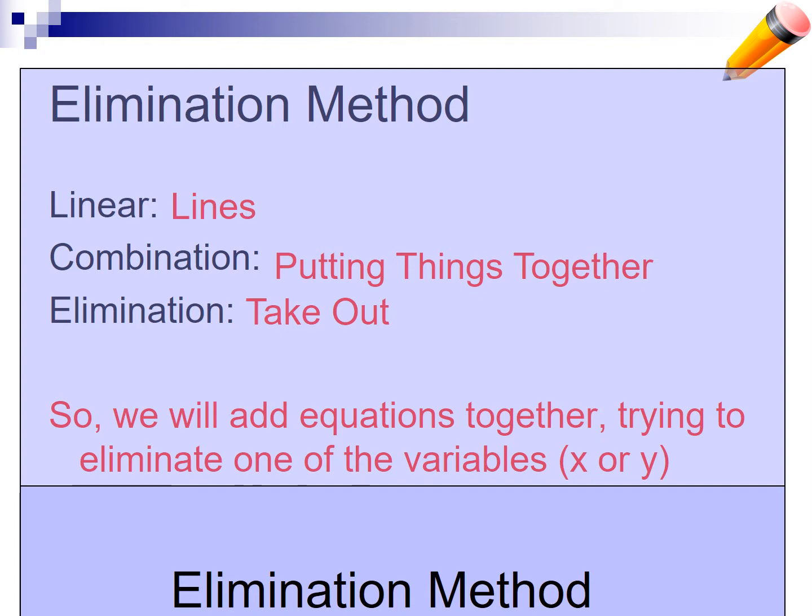So with those three words, what we're basically going to do today is add two equations together in order to try to get one of the variables, x or y, to eliminate or be taken out. We're going to look at four examples in this video, and we're going to try to eliminate a variable by adding the two equations together.